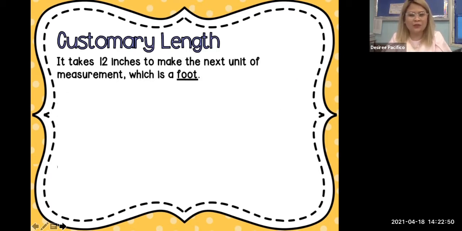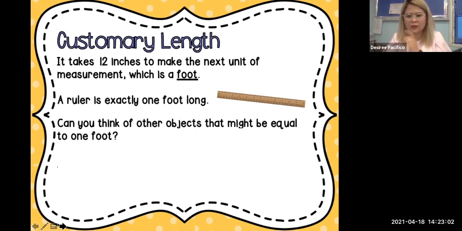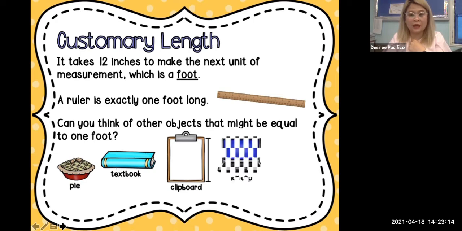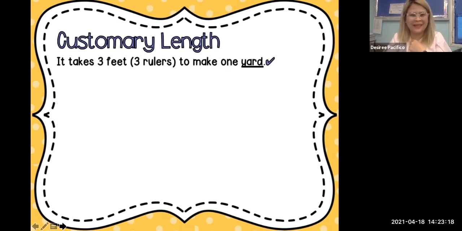It takes 12 inches to make the next unit of measurement, which is a foot. A ruler is exactly 1 foot long. Can you think of other objects that might be equal to 1 foot? A pie, a textbook, a clipboard, a laptop, or a cat maybe.